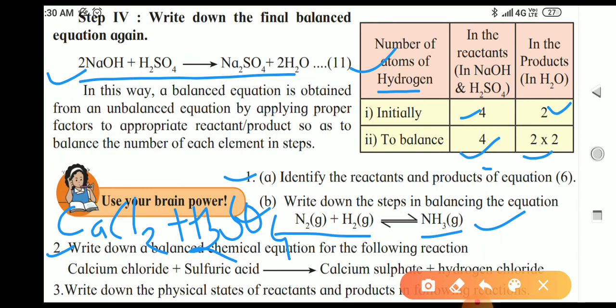Calcium sulfate has formula CaSO4, and plus hydrogen chloride. Hydrogen chloride has formula HCl. So this is our equation. Now we have to check whether it is balanced or not, and if it is not balanced, then balance it as we saw in the steps in the above example. These are some questions for you, so solve them.